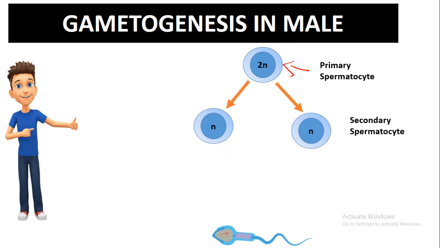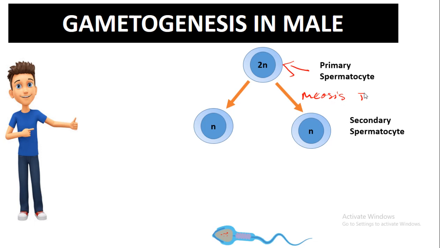So the primary spermatocyte will undergo meiosis to produce a secondary spermatocyte. Remember, here there is a change from 2n to n. This means that meiosis 1 has taken place.